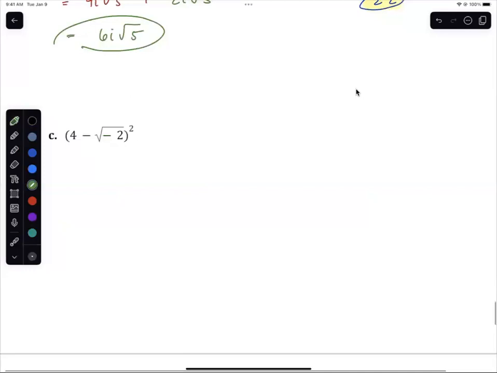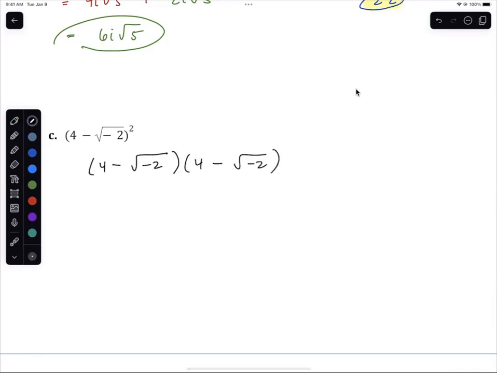For part C, 4 minus the square root of -2 times 4 minus the square root of -2. Okay, I'm actually not going to simplify this part until the very end. I'm going to distribute first.